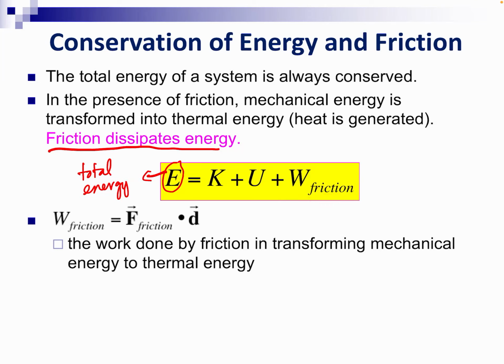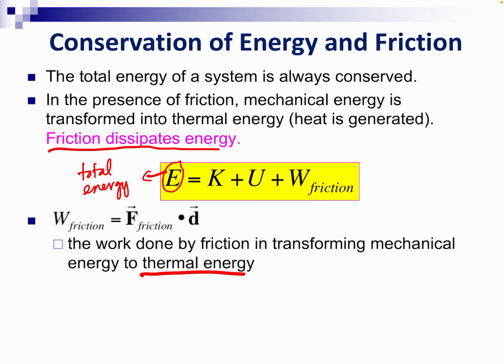Friction essentially transforms your kinetic or potential energy into thermal energy. So energy is still conserved, the total energy is the same. It's just that the energies are transformed to a different form.